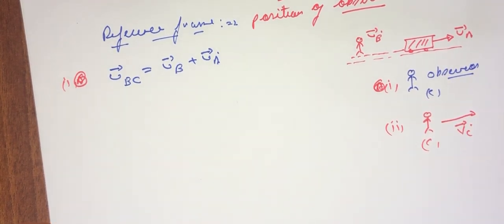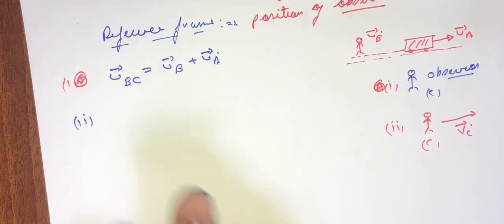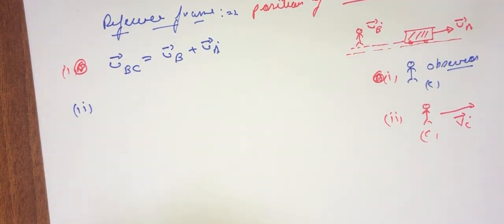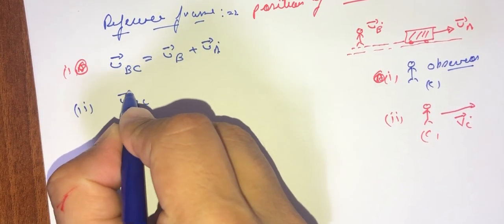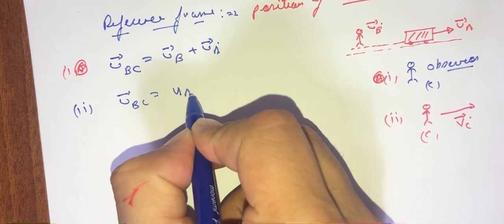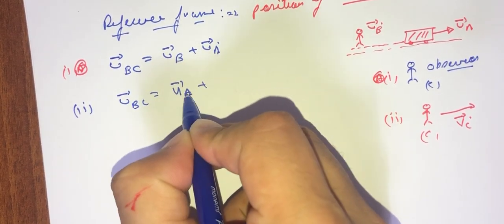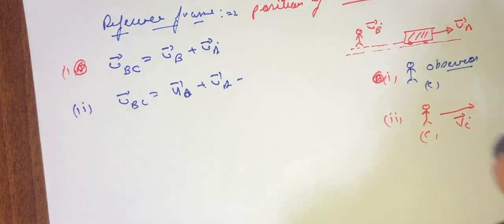Now the observer itself is moving, so for this second condition, we can say that the relative velocity VBC will now come as VB plus VA minus VC.